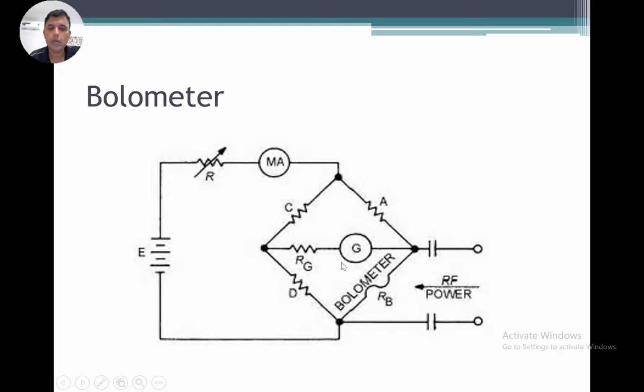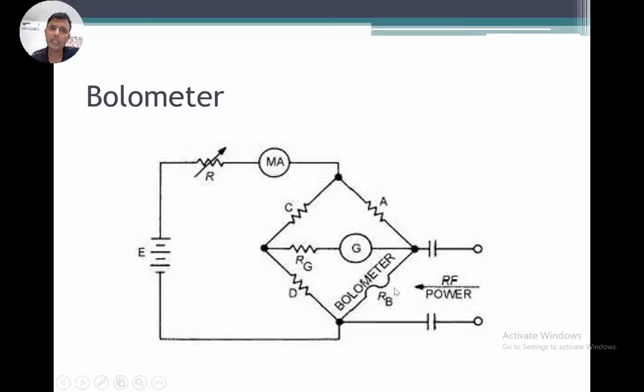Once we allow IR radiation to fall on this resistor, the resistance of this blackened metal piece changes, which causes a disturbance in the Wheatstone bridge, so we can see deflections in the galvanometer. The current passing through the galvanometer is directly proportional to the radiation falling on this resistance wire.